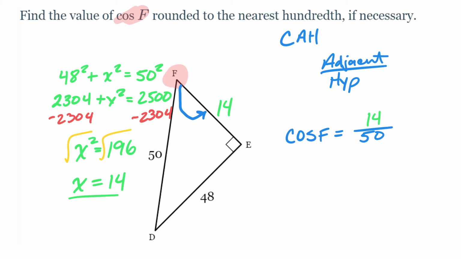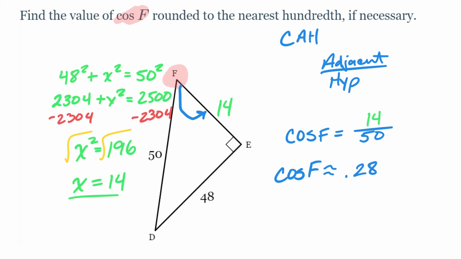Now, the instructions say round the answer to the nearest hundredth. So we're going to do that real quick. Cos of F equals 14 over 50, which is approximately 0.28.